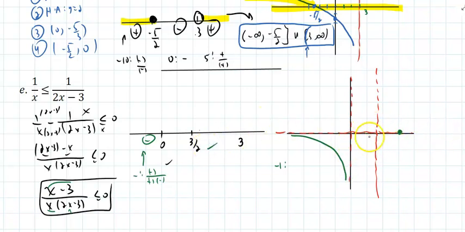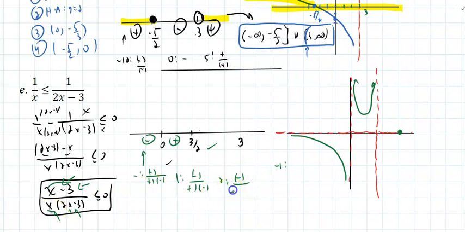A point between 0 and 3/2, say 1. 1 minus 3 is negative. A 1 in there that's positive, and 1 in there, 2 minus 3 is negative. Negative over a negative is a positive. And a point between 1.5 and 3, say 2. 2 minus 3 is negative.